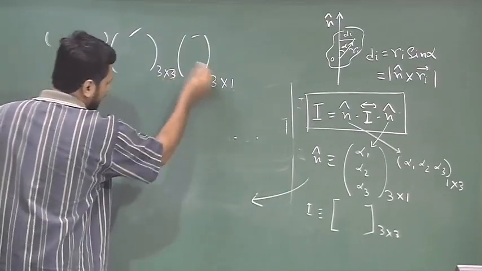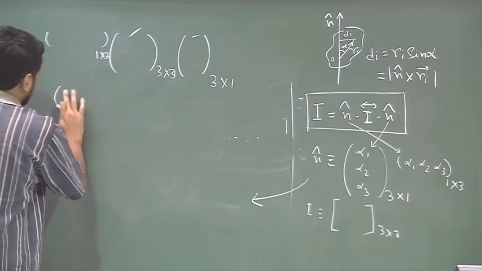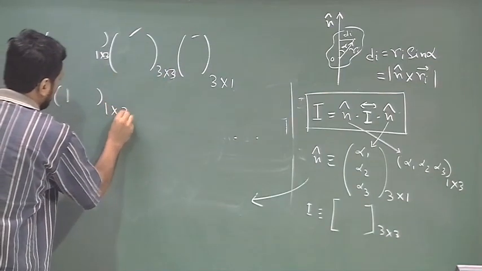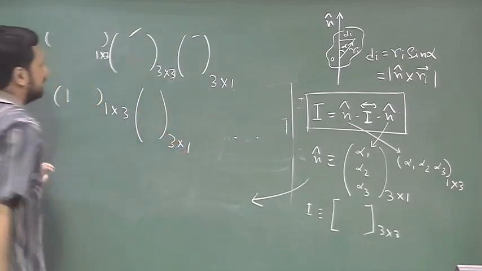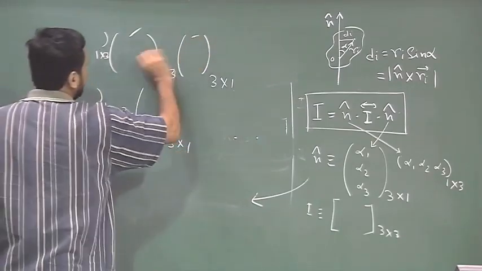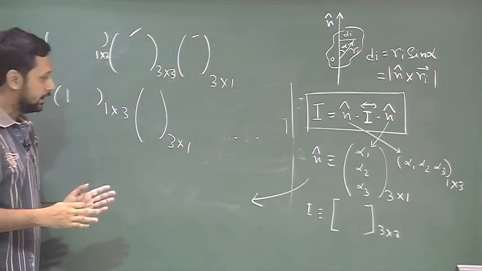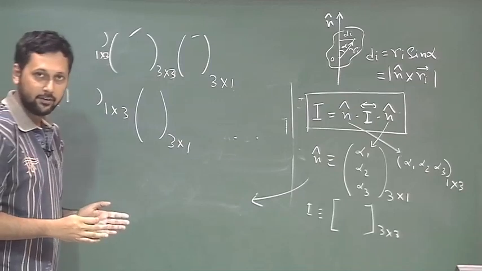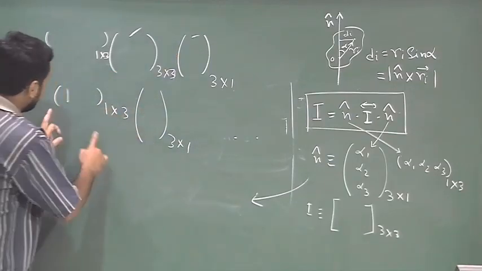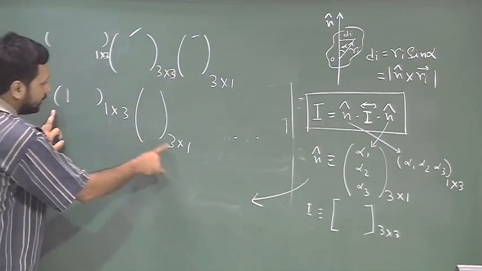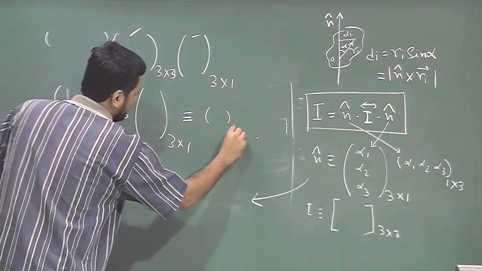So, from the rules of matrix multiplication, you know that this operation will give you once again a 3 cross 1 matrix. If you are not familiar with this type of operation, I would suggest that you please go back to your textbook where matrix multiplication has been described, and you will see that this operation will give you a 3 cross 1 matrix, and a multiplication of a 1 cross 3 matrix to a 3 cross 1 matrix will essentially give you a single number which is 1 cross 1.